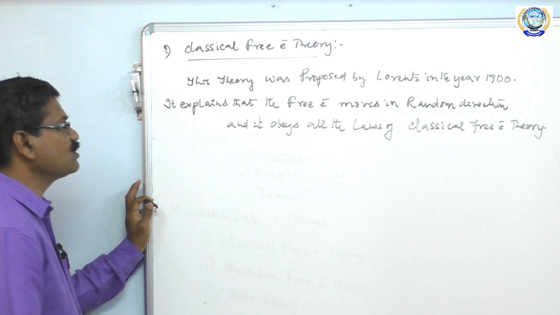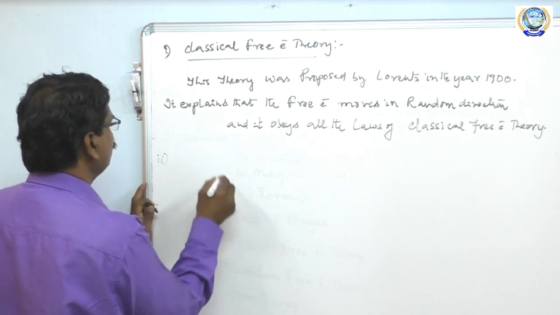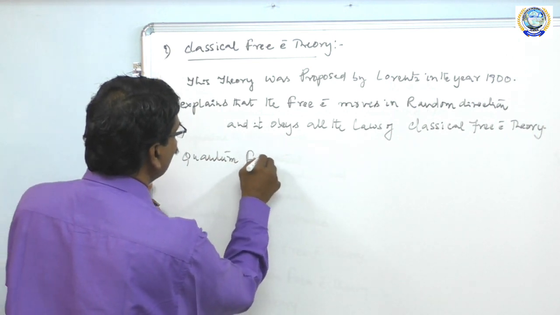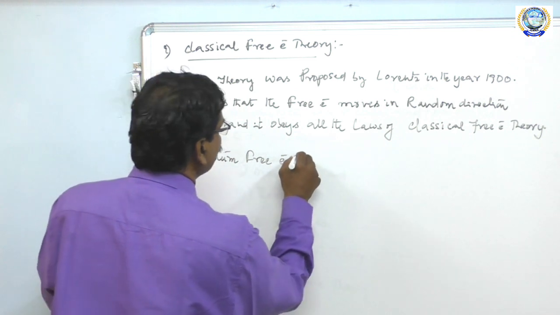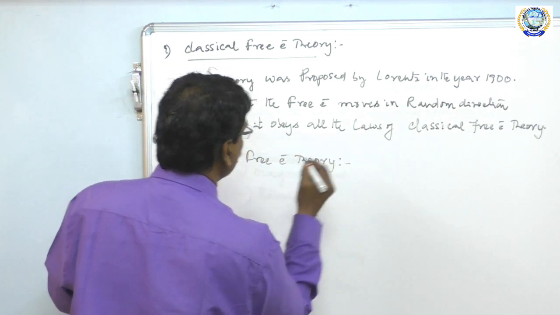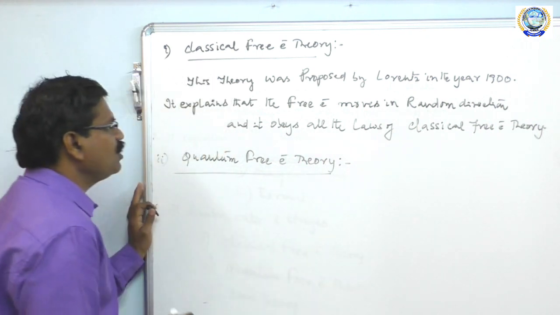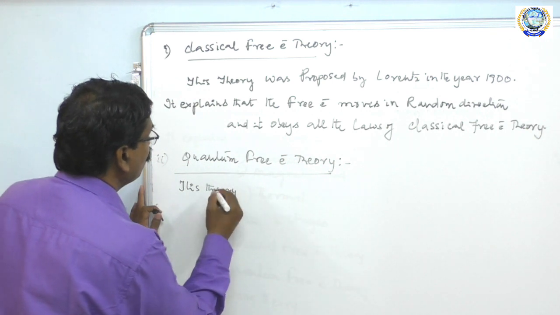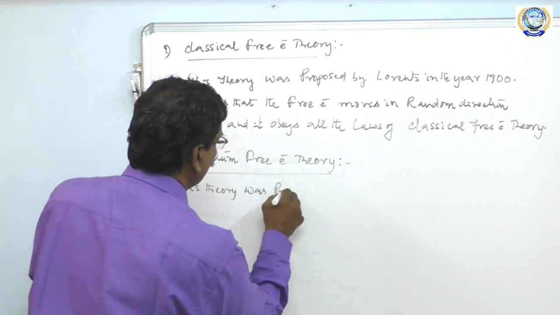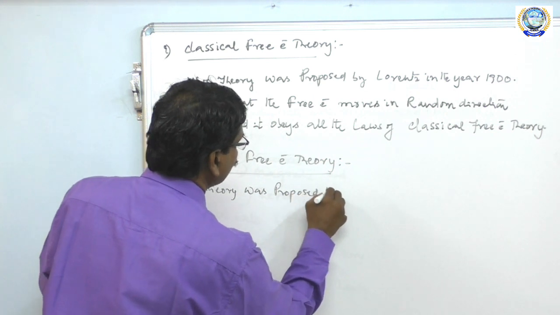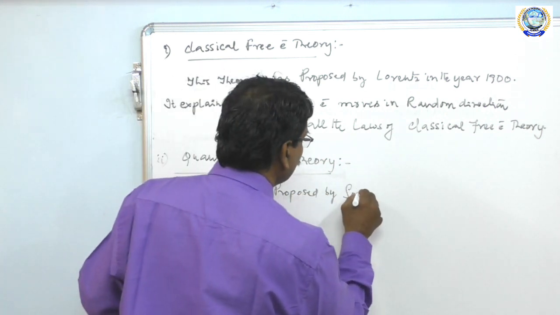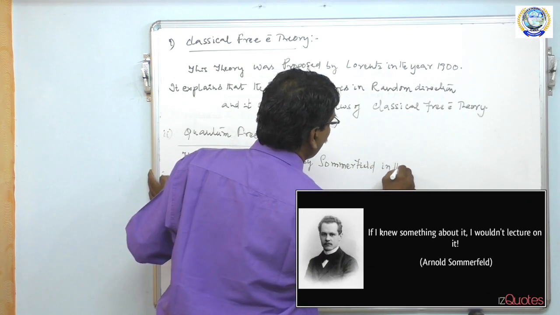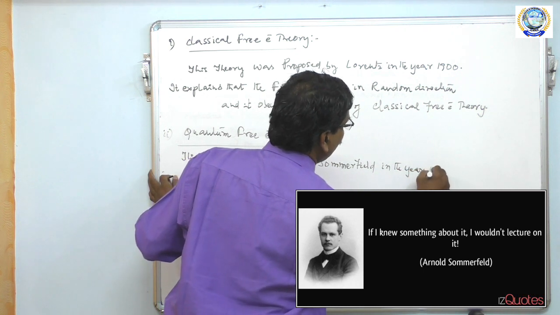The second theory is quantum free electron theory. This theory was proposed by Sommerfeld in the year 1928.